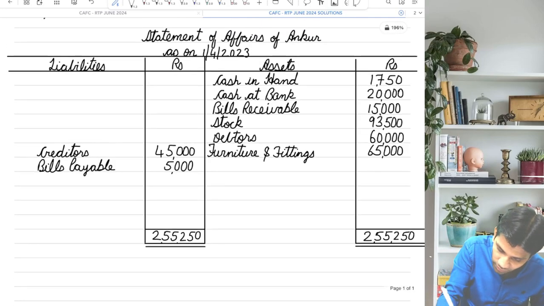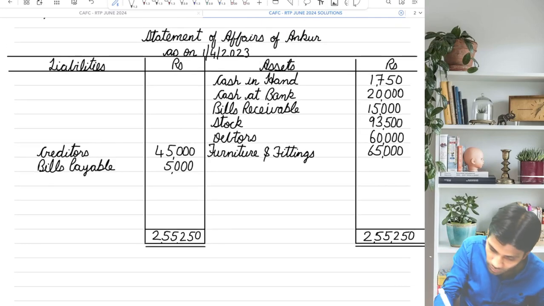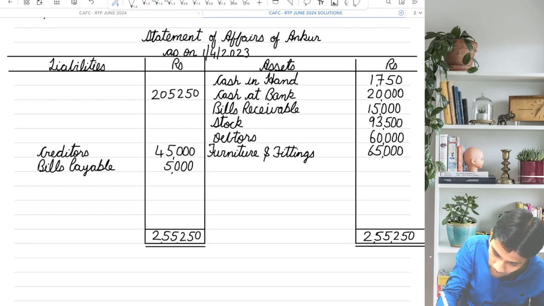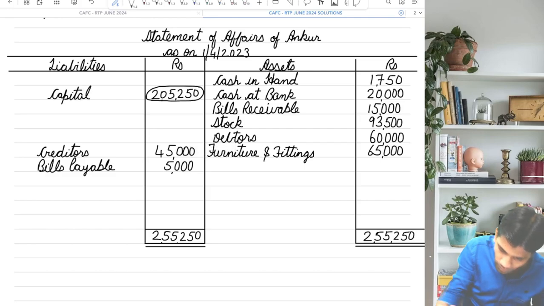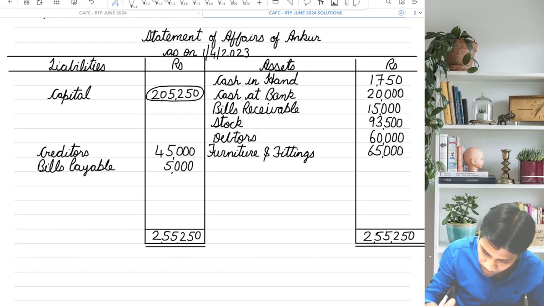We get capital of 2,05,250. This is capital. No need to add opening capital. Already we have written it as on 1st April.